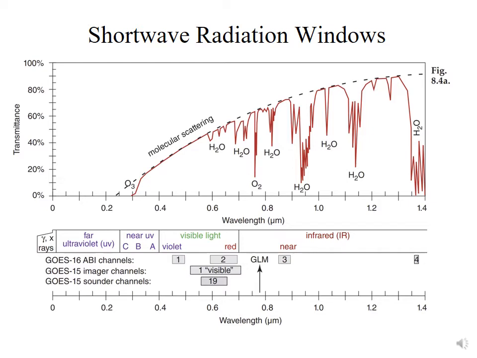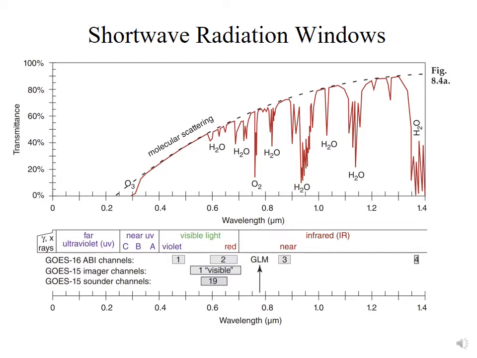Then we have the visible light, and then we have the near infrared. Just due to molecular scattering, there is 0% transmittance through the atmosphere at wavelengths shorter than 0.3 micrometers. That's the dashed line on this graph.